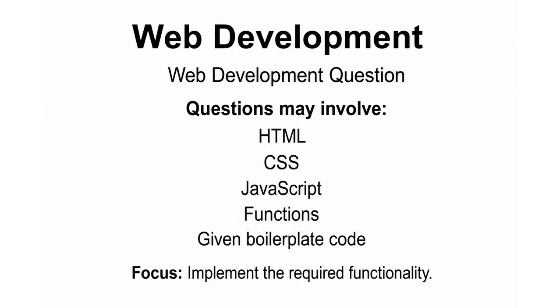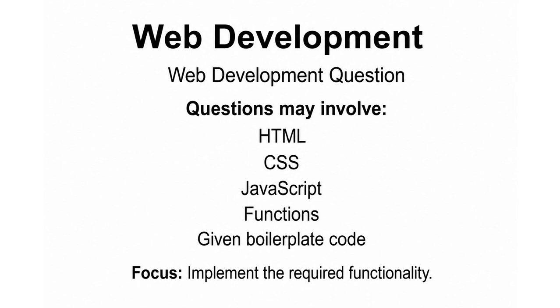Now let's talk about the web development section. For the relevant cluster, there can be a web development question. The questions may involve HTML, CSS or JavaScript. You may also be given some boilerplate code, which means part of the code is already provided to you. Your job is to understand the existing code and implement the required functionality.